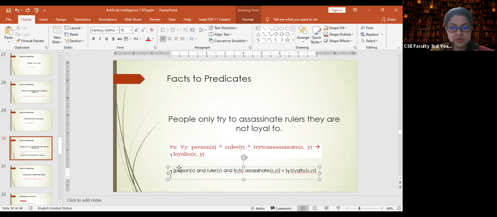If we use De Morgan's law, then not Person X or not Ruler Y or not Try to assassinate X comma Y. Then or not loyal to X comma Y. So this is how we can convert it into the clause.